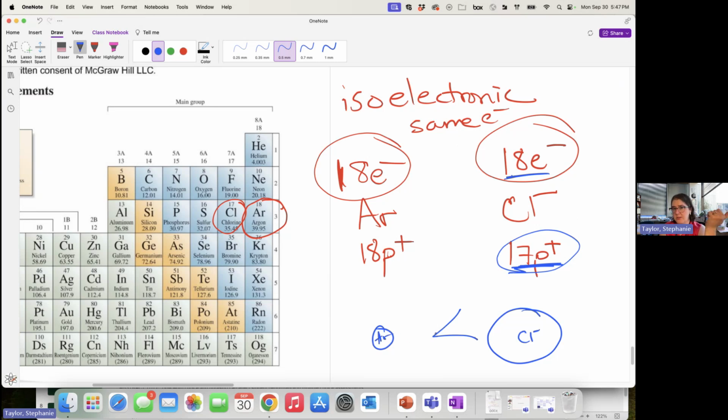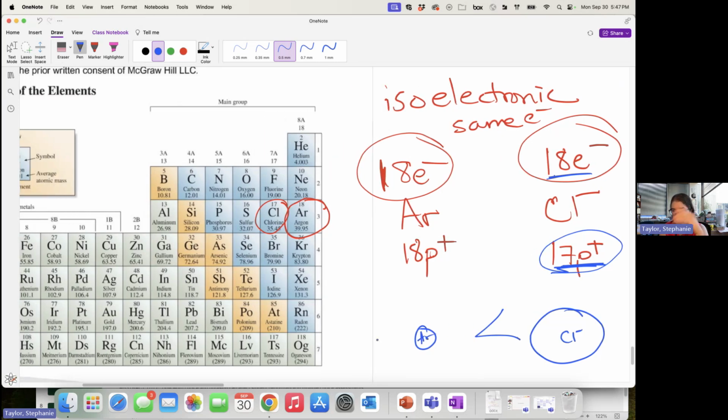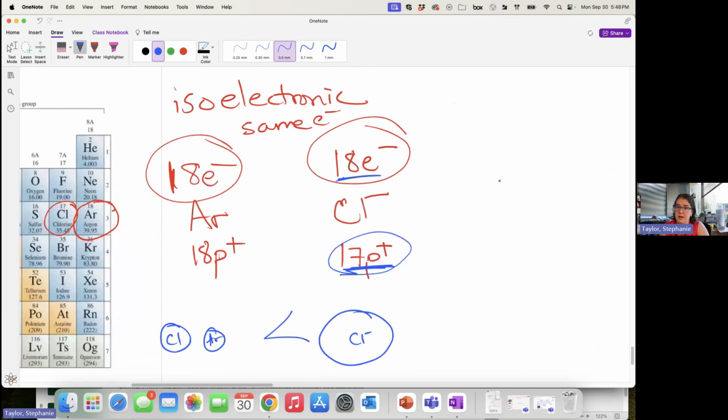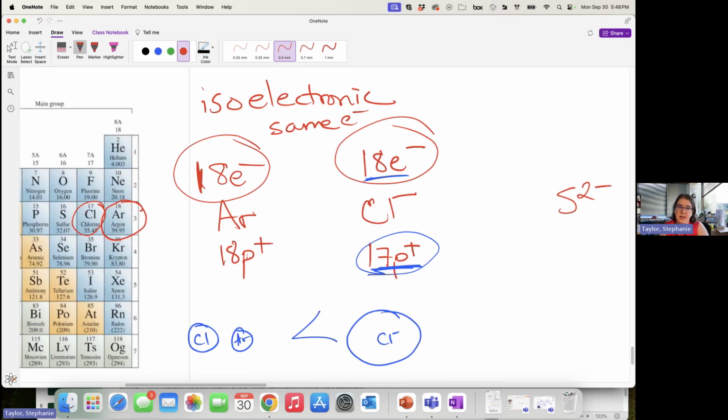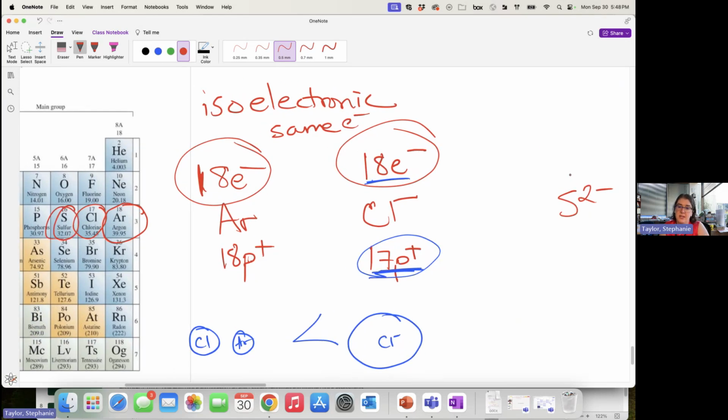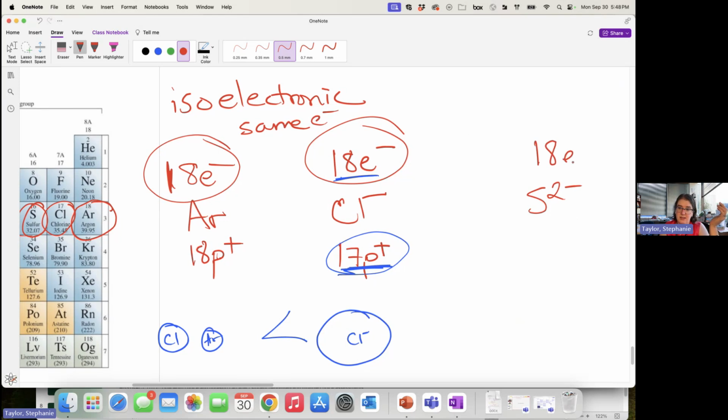So that chloride should be larger than argon. It is also going to be larger than a neutral chlorine, which technically should have been a little bit larger than the argon because of atomic radius. But a negative chlorine is going to be larger than both of them, so it is fairly significantly larger. We could come over here and look at a sulfide anion with a -2 charge, 18 electrons, but only 16 protons.